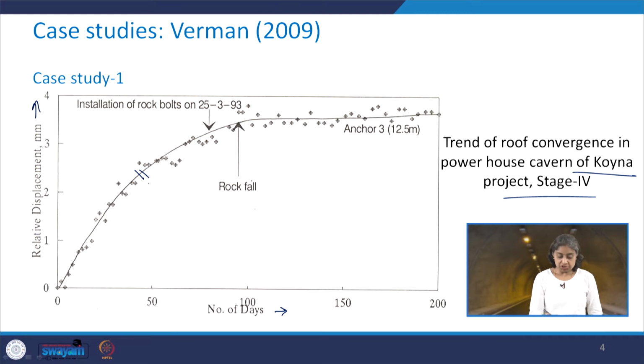So, the installation of the rock bolt was done in 1993, to be specific 25th of March. And here see, this was continuously increasing, indicative of the rock fall, and then of course the support system was installed.